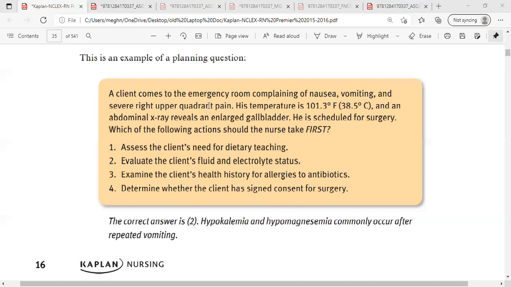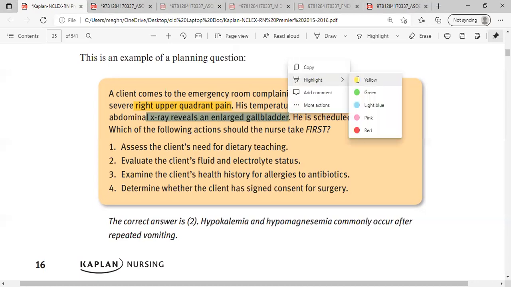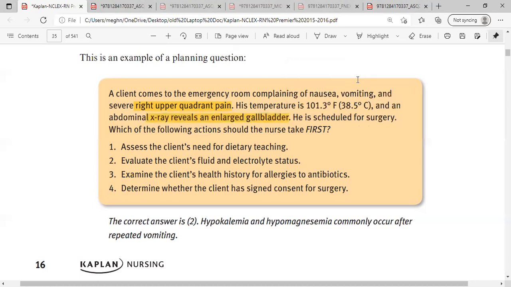Right upper quadrant pain, what are the organs in the right upper quadrant? You can answer me: the liver, also the gallbladder. In the X-ray, we can see the gallbladder is enlarged because of inflammation.